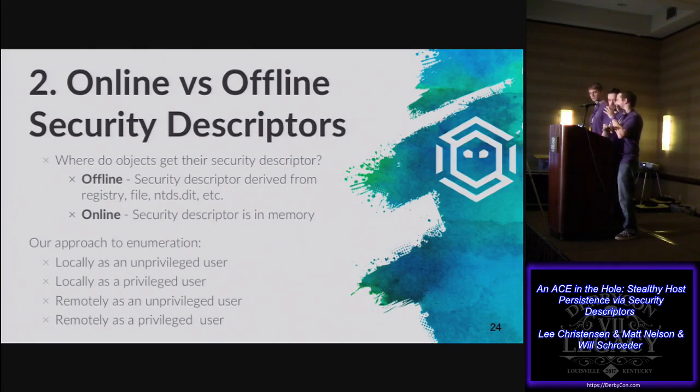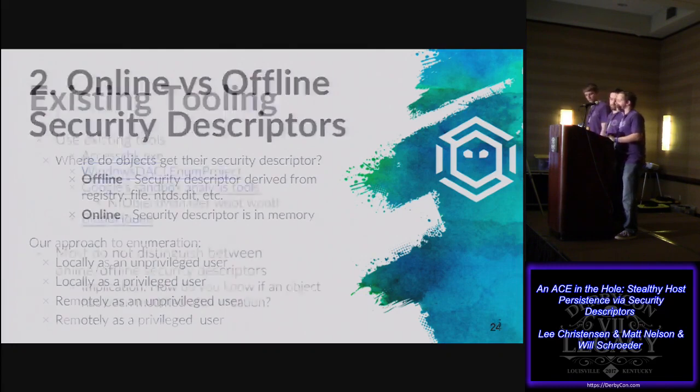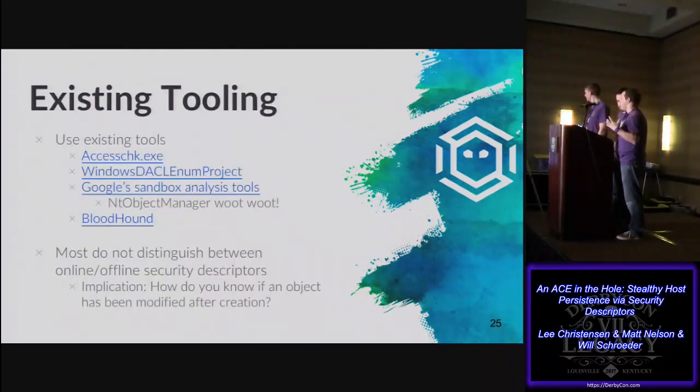Whereas if I want to be a little more stealthy, I could just go into the host and change the security descriptor in memory rather than the offline version. That'll only persist as long as the machine is online. Once it reboots, it will no longer be there. So we want to enumerate both cases, and from both a privileged and an unprivileged perspective.